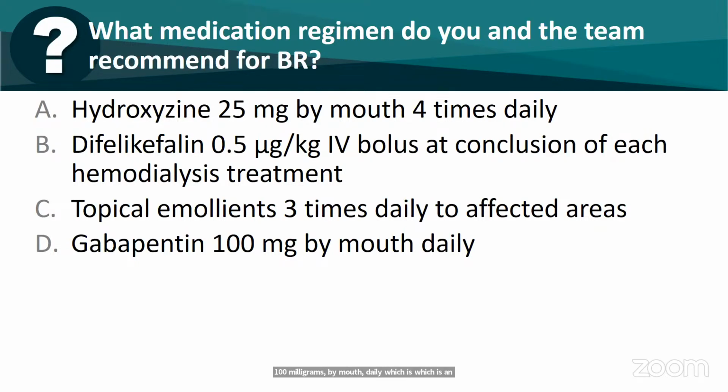However, if you remember what we discussed earlier about the proper management of patients with pruritus, when you use the IV medication at the conclusion of each hemodialysis, in addition, you can use additional therapy to treat their symptoms. It's called symptomatic management.